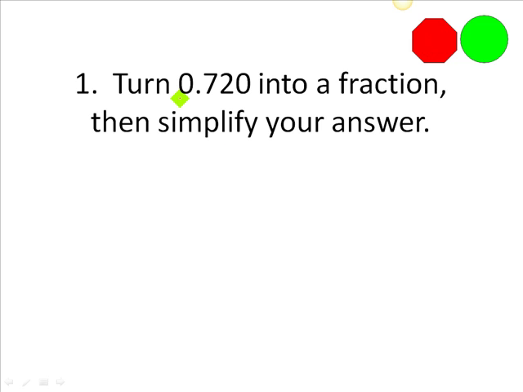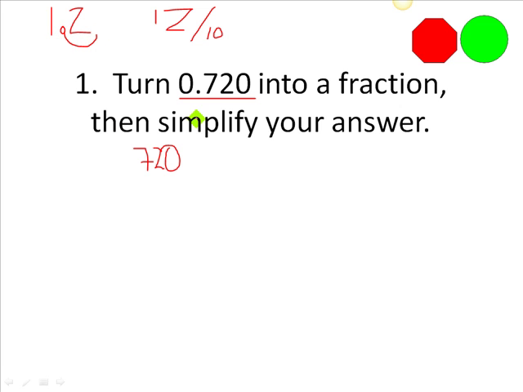Well, when you're turning a decimal into a fraction, whatever this number is, without any regard to the decimal, that's your numerator. So our numerator is 720. Just like if I had 1.2 as my decimal, my numerator would be 12 and my denominator would be 10 because I'm dealing with tenths.